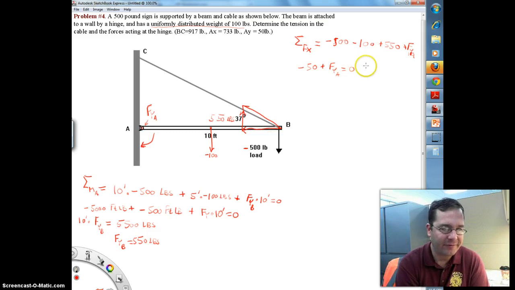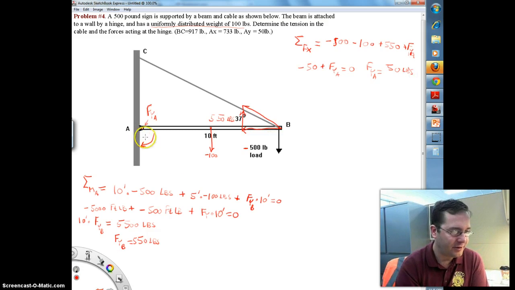If we add 50 to both sides, the force in the y direction at point A equals 50 pounds. And it's positive, which means that this pivot is pushing up on the end of the beam with 50 pounds force.